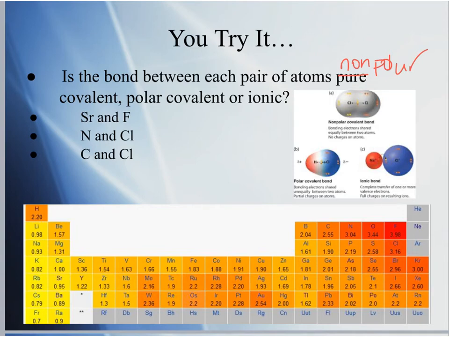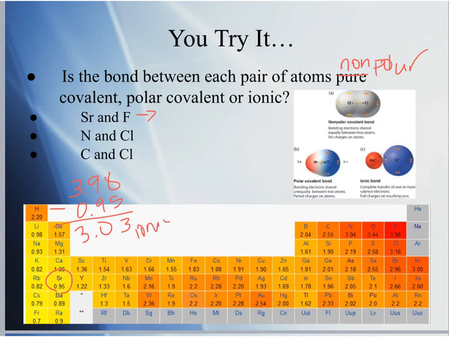All right, let's take a look at strontium and fluorine first. Fluorine has an electronegativity value of 3.98. Strontium is 0.95. When we do that math, we end up with a difference of 3.03. That falls in that range of 2 or above, so this is an ionic bond.